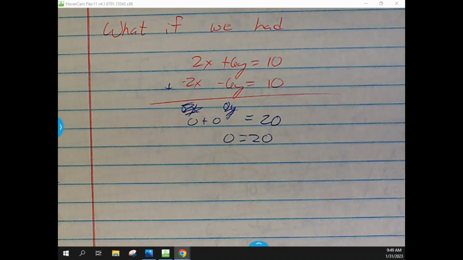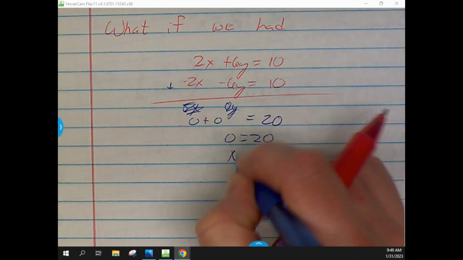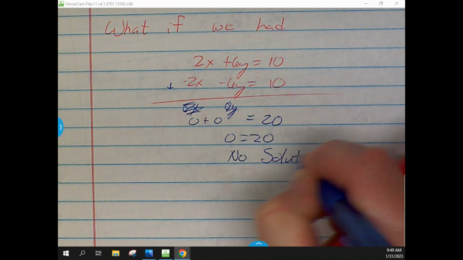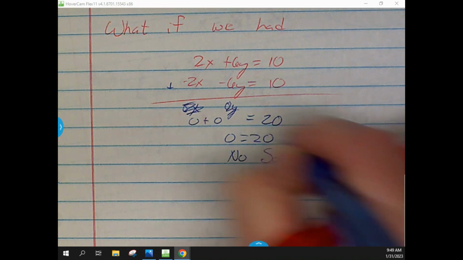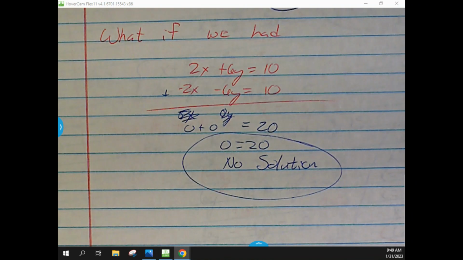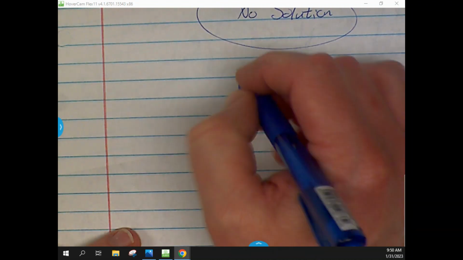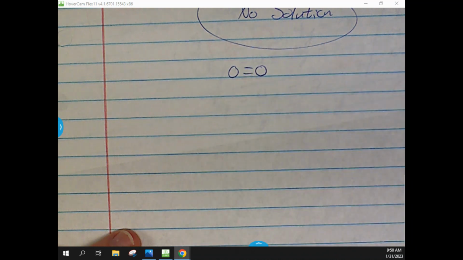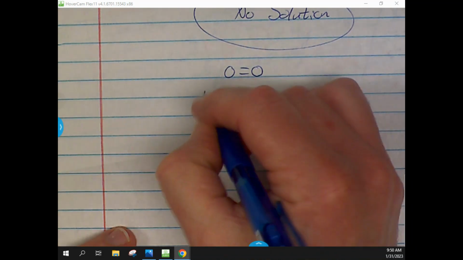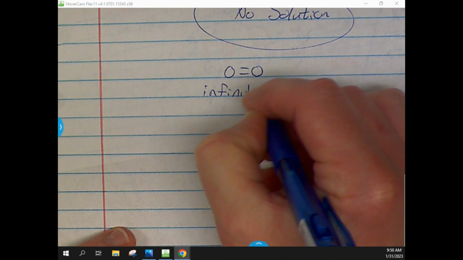Okay, here we go. So it's still going back to those things that we were doing before, that you may still get some no solutions on these. Because if you work this thing out and you check it and it doesn't make any sense, it means that those lines don't cross each other. You may also get one where you work this thing out and you get to the end and you get like 0 equals 0, which means that you have infinitely many solutions.